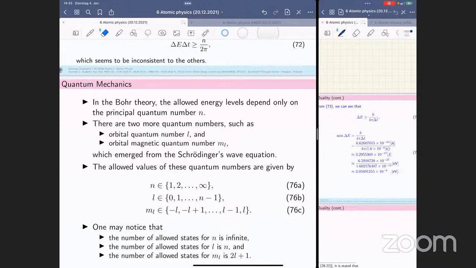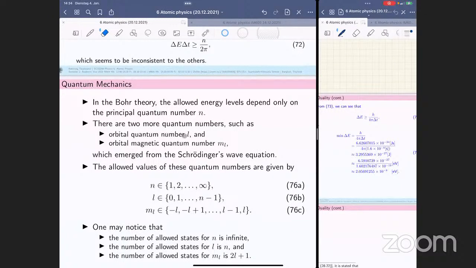Okay, let's make a conclusion. In both theories, the allowed energy levels depend only on the principal quantum number n. There are two more quantum numbers, the orbital quantum number L and the orbital magnetic quantum number ML, which physicists discovered in the past.